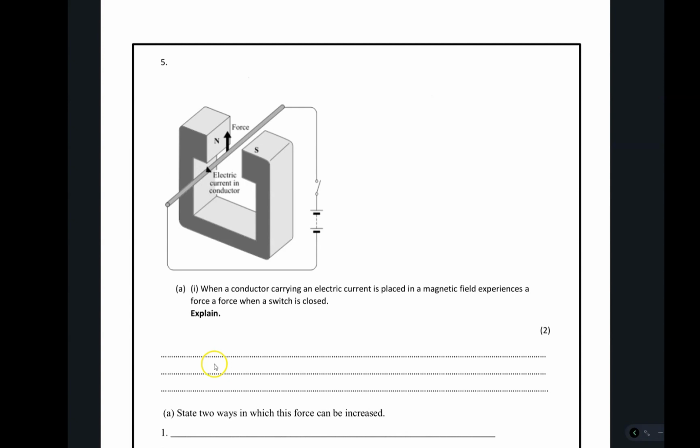If this is one of the questions that you usually find difficult, I need to give you a very precise answer that you are supposed to give. One of the facts that you need to remember: when current is flowing through a conductor, magnetic fields are created around the conductor due to the flow of current.